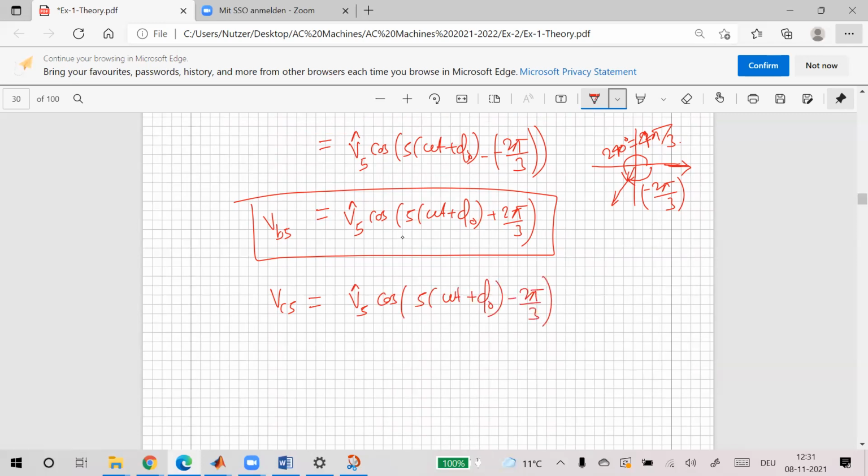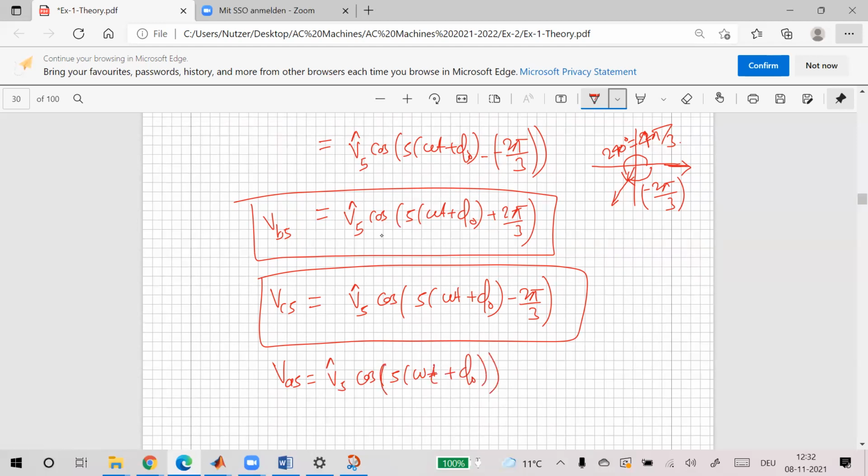You will get it like this. And of course, you have your A as this. So these make your negative sequence. So your fifth order harmonics makes a negative sequence three-phase system.